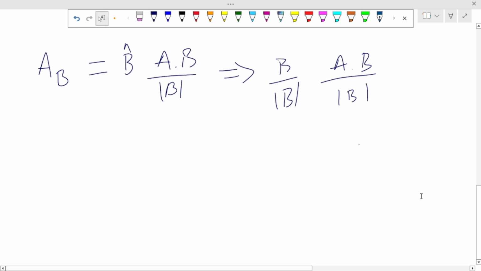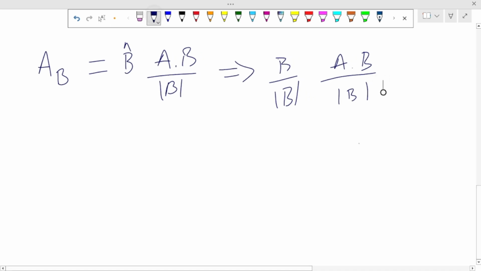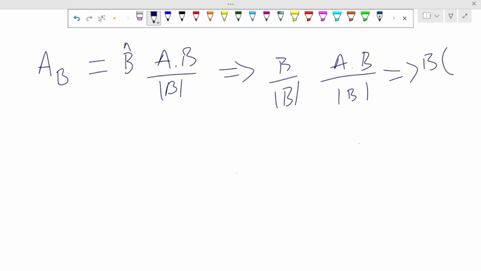So this will give us right here B, let's put this A dot B all over B squared.